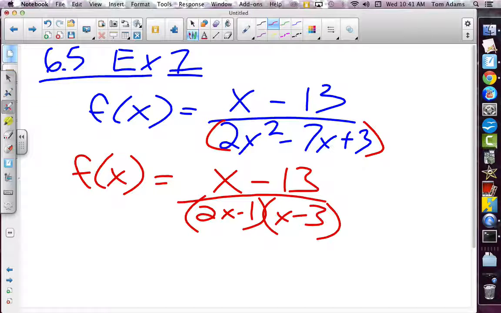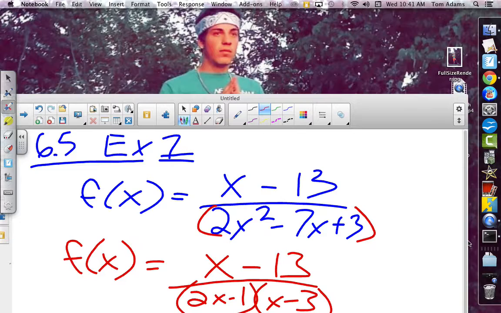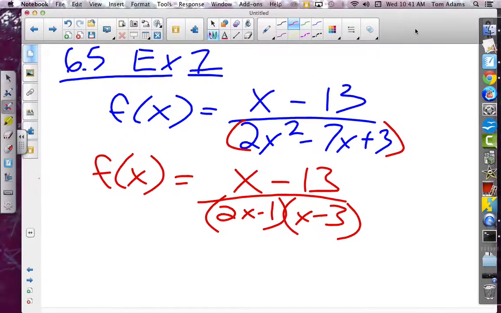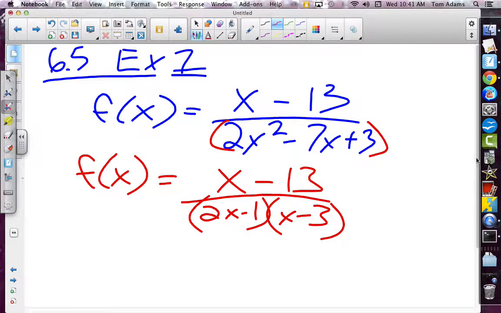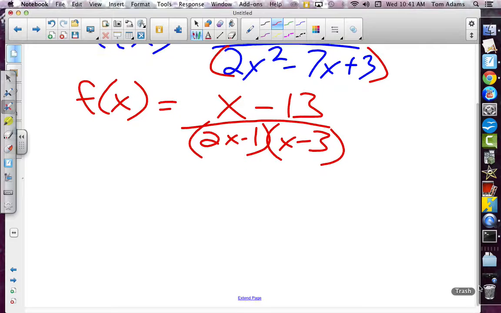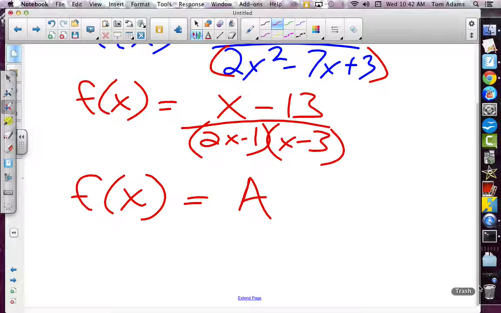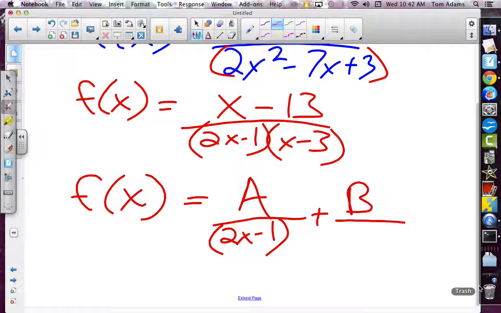So now, the next step is I want this to look something like this: f of x is equal to some numerator A over 2x minus 1, plus some numerator B over x minus 3.